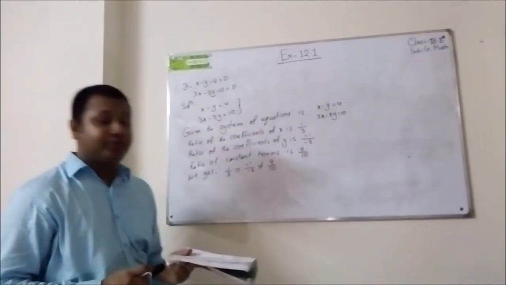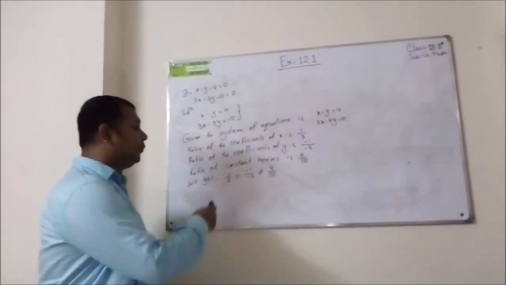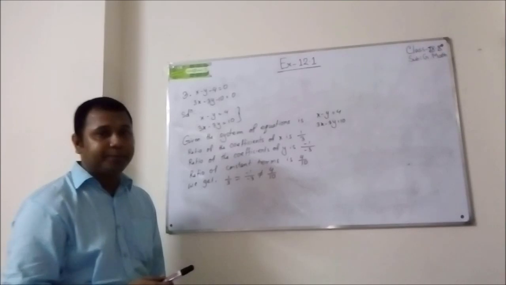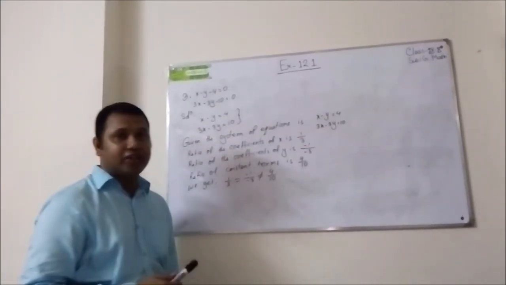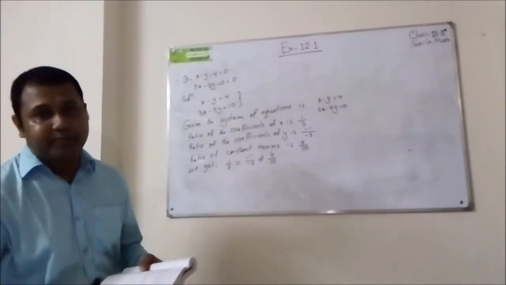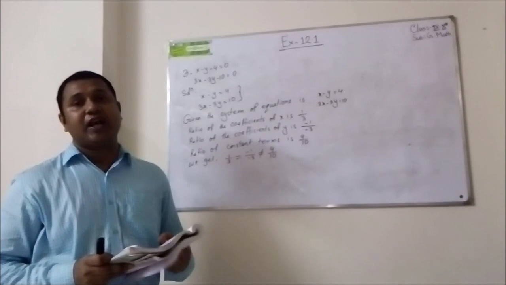So in the chart we just showed before, when the ratio of the coefficients of x and y are equal, but not equal to the ratio of the constant term, then we call it inconsistent and mutually independent, and the system of equations has no solution.